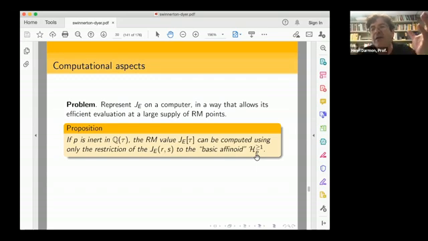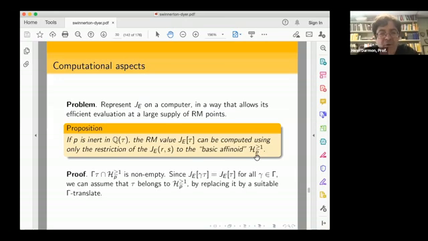This affinoid is relatively simple topologically, since it's the complement of p+1 residue disks in the projective line over C_p. The proof of this is just that if we take tau and look at its orbit under the Ihara group Γ, that orbit always intersects the basic affinoid non-trivially.